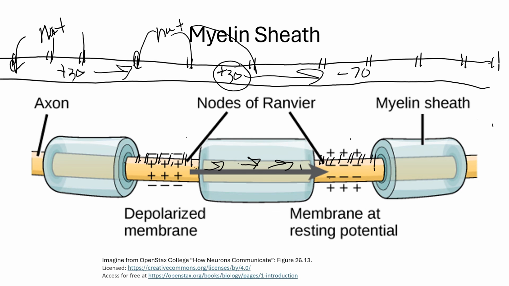You wouldn't. In a myelinated neuron's axon, you're only going to find voltage-gated sodium channels, for the most part, within the plasma membrane of the nodes of Ranvier. Because that's the only portion or portions of the axon where the signal, the impulse, is going to be recharged.